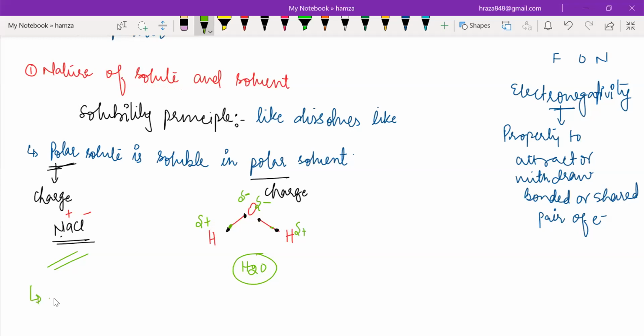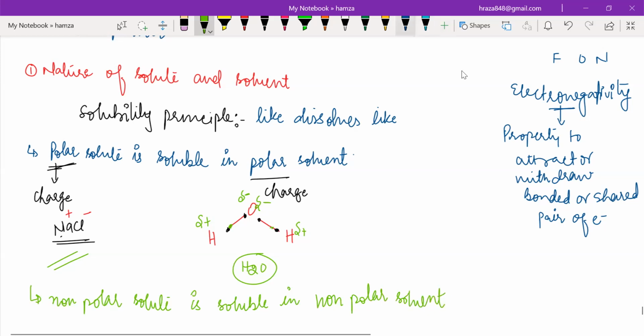The next is non-polar solute. It is soluble in non-polar solvent. That means a compound which is uncharged. You can see CCl4 is non-polar, and we are taking CCl4 as a solid, and benzene is also a non-polar solvent.